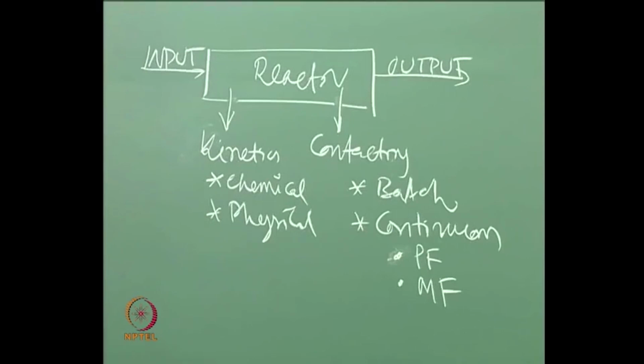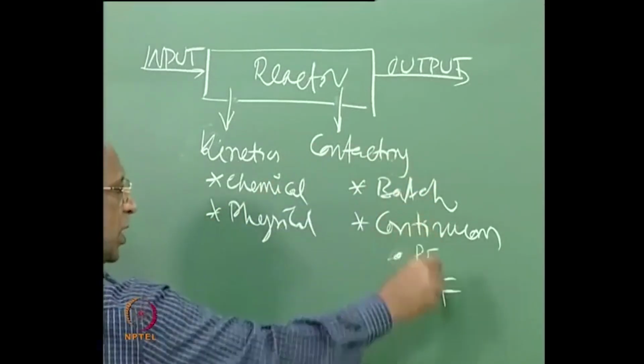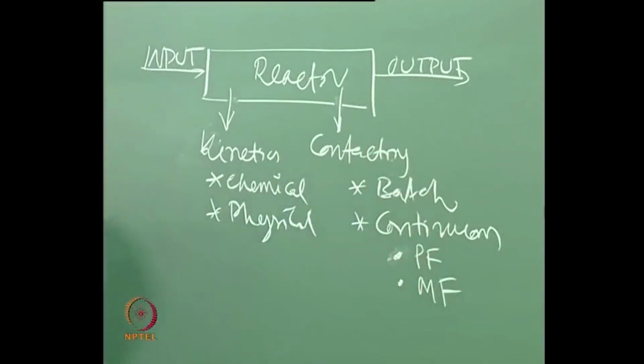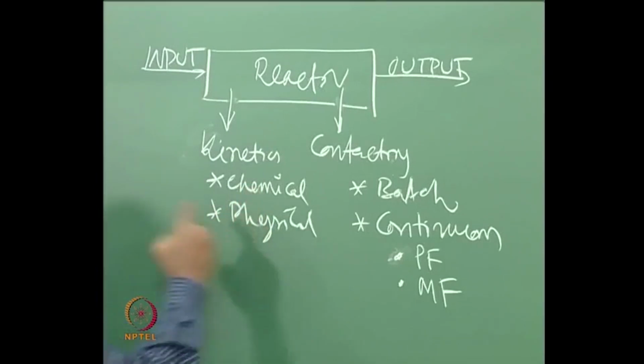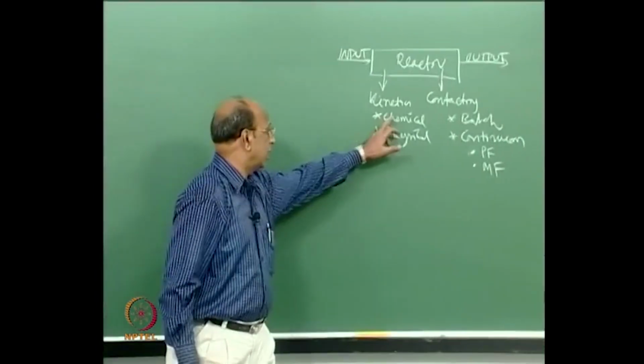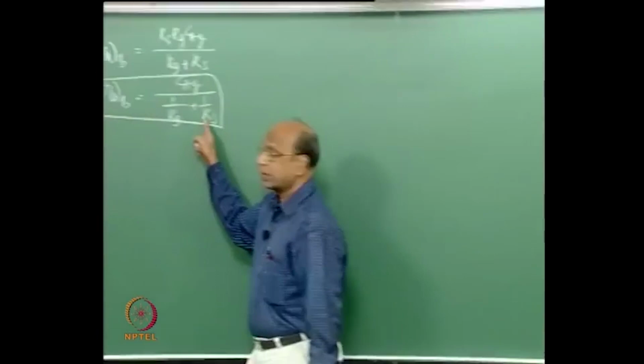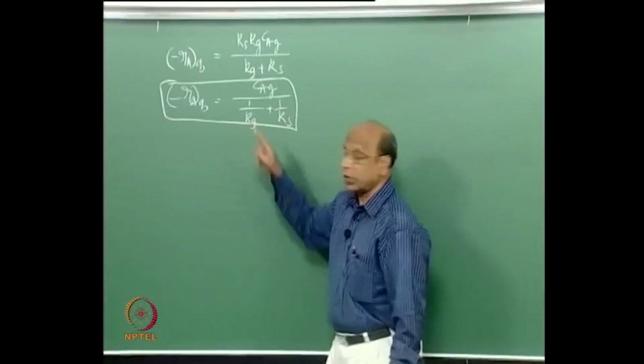This part we have understood: what is batch, what is continuous, and in continuous when you choose PF and when you choose MF. Now when you come to this, there are two terms, chemical and physical. Chemical is the one which represents Ks, and physical is the one which represents Kg.